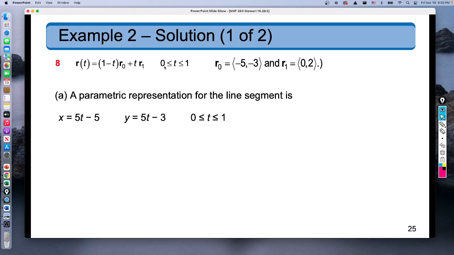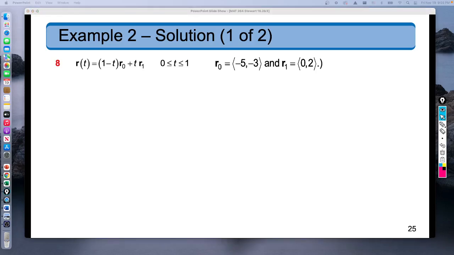And r1 is 0. This was clear last time. Okay. 5t minus 5. Okay, I'm back on track.